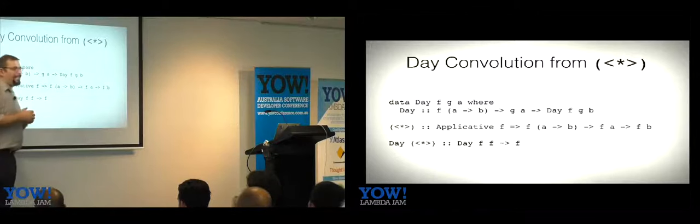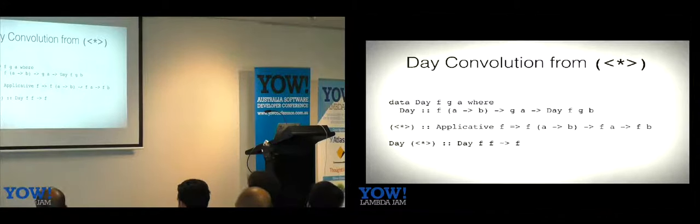Now, what are applicatives then? So it turns out we can build another tensor, something kind of like composition. Okay, and it goes back to this guy, Brian Day, who turned around and did this.